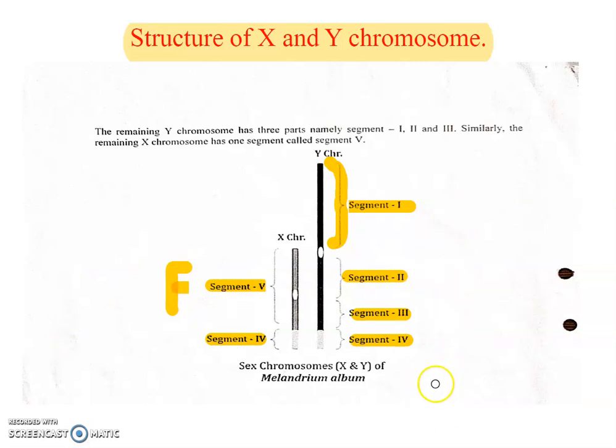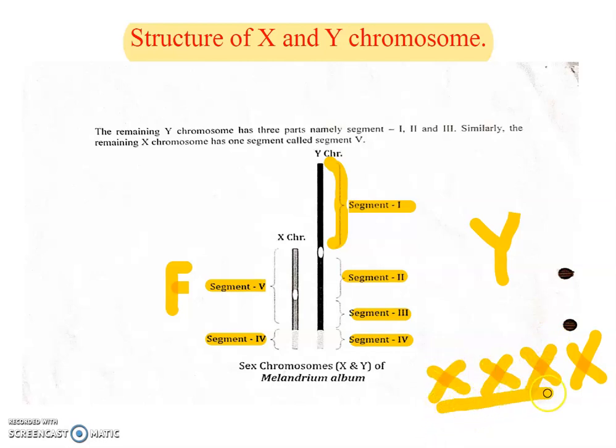So this happens up to 4X. If 4X chromosomes and a single Y chromosome are present, segment 1 suppresses up to 3X chromosomes, but not 4, so that the fourth one produces a female flower and this one a male.